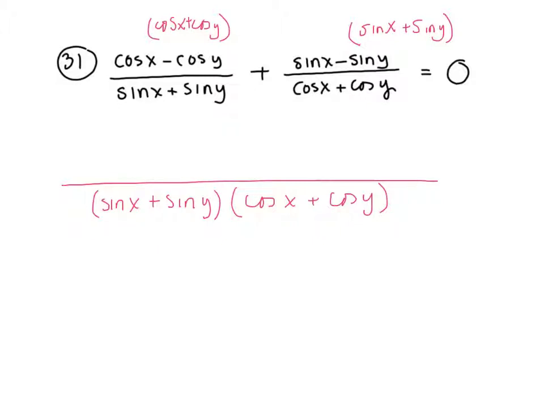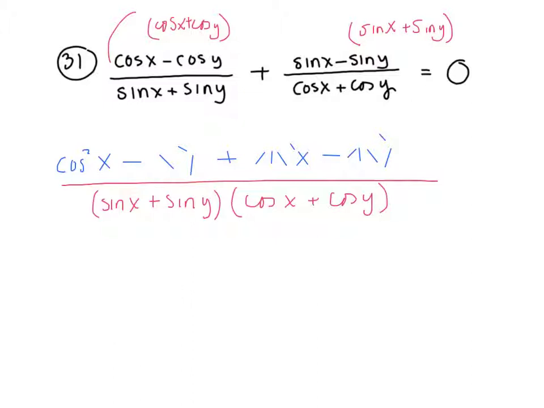So for this top part, I could actually multiply these two things together, and I would end up getting cosine squared x minus cosine squared y. And then over here, I would get sine squared x minus sine squared y.